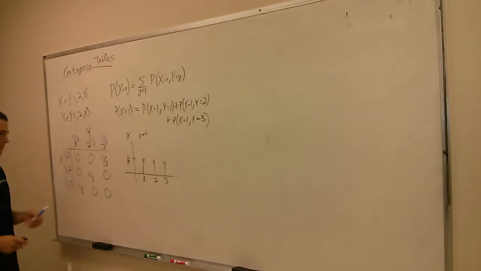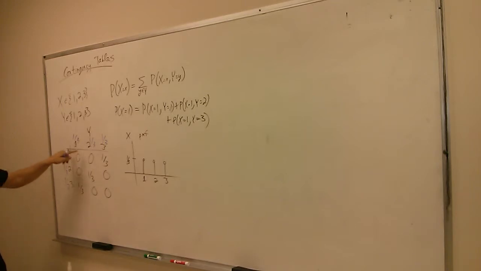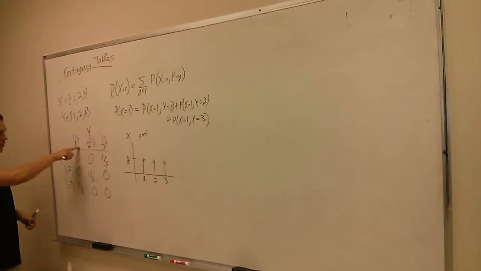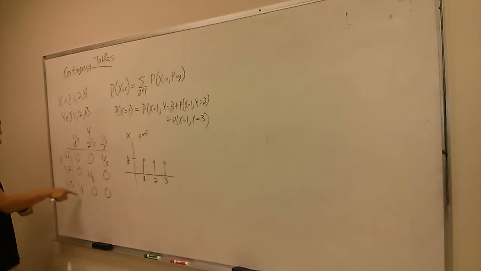So now, independent. Are these independent? Independent means that knowing information about one, let's say we know that y is 1, tells you nothing about the other variable. So that's the intuitive way of thinking about it. So what does this say? Let's say we know that y is 1. Well, because the probability of x taking on 1 or 2, given that y is 1, is going to be 0, we know that x must be 3.